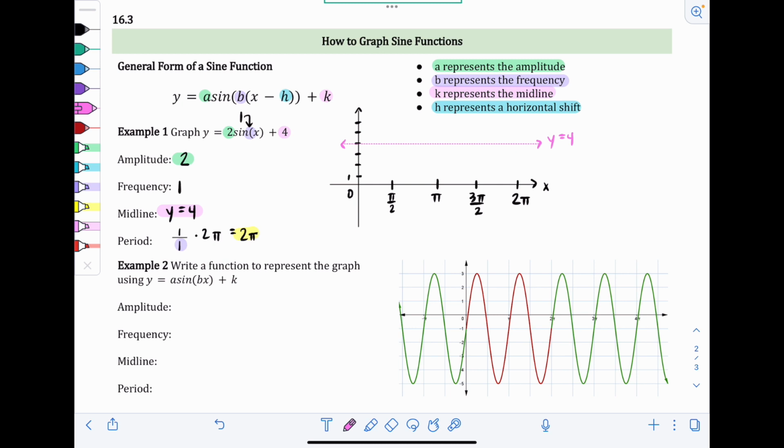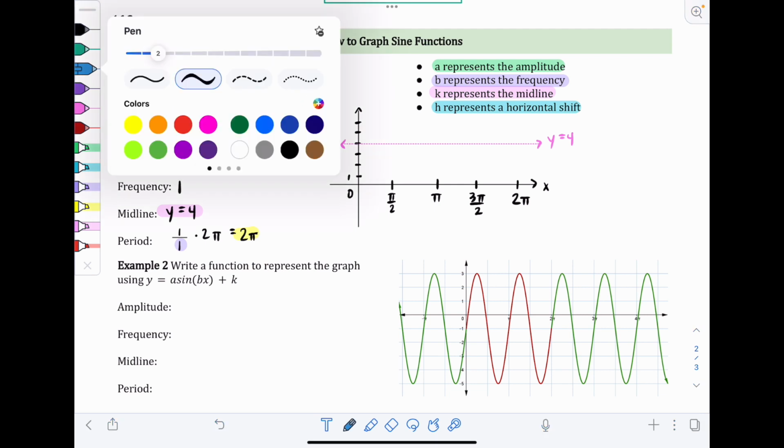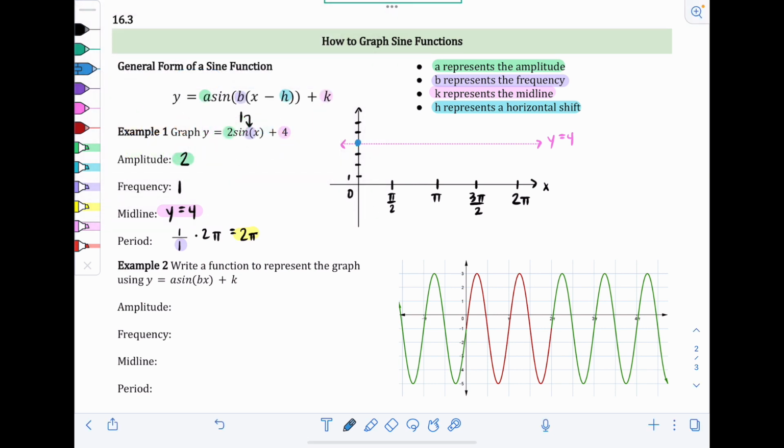And then now we're ready to go ahead and draw our graph. So this is where knowing the shape of the graph is super important. So we know that sine starts at the midline, so the y-intercept is going to be on the midline. I think I'm going to do this in a different color. So the y-intercept is going to be on the midline, and then from there, it goes up to its maximum, which is the amplitude above the midline, and our amplitude is 2.